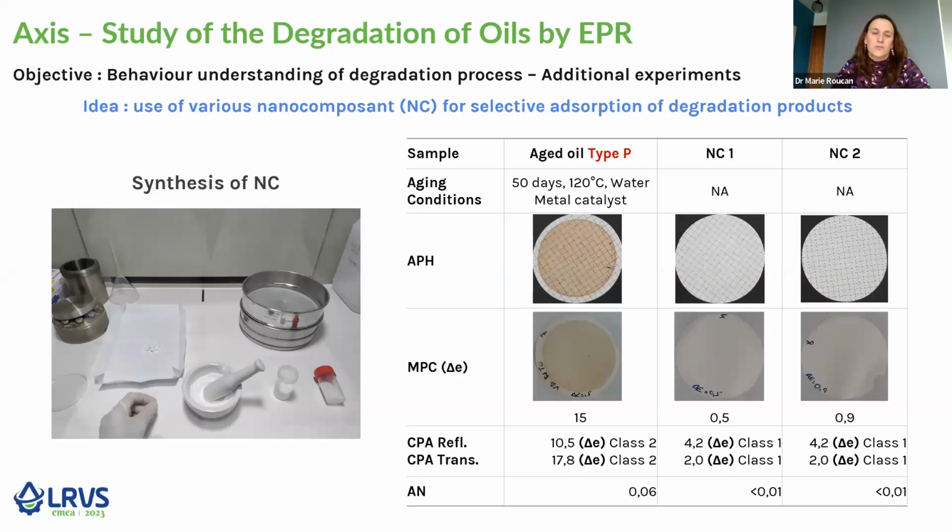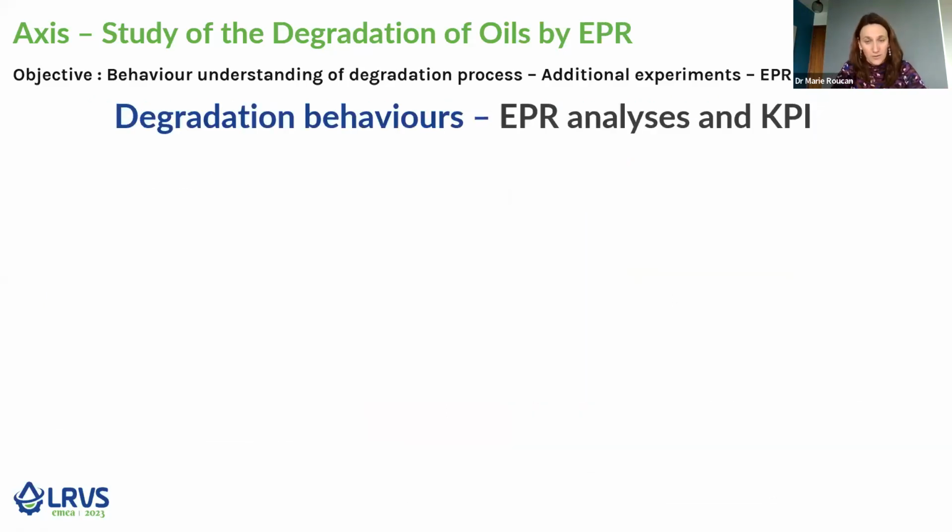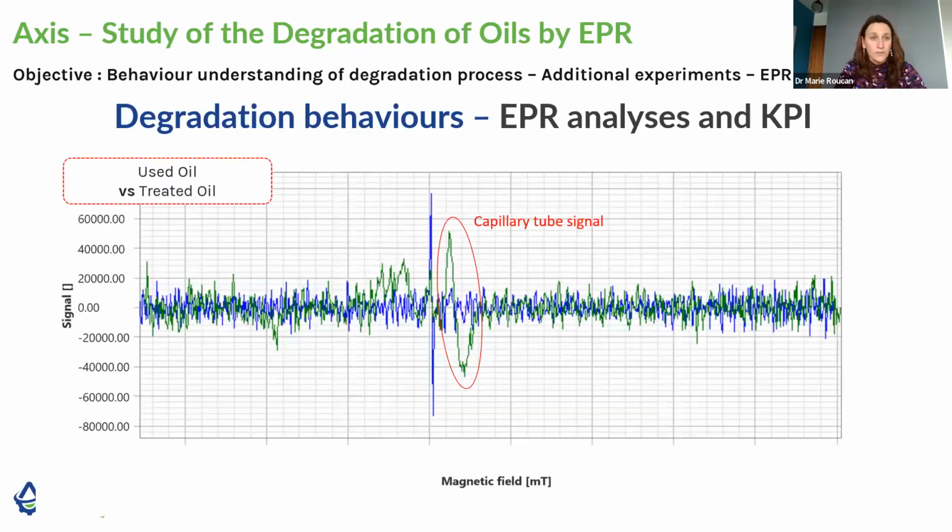differentiate certain species. So what we did after that, we did some EPR studies. And as I told you, you could do EPR on either the oil, but also on the solid. So what we did first is we did EPR on the used oil and on the treated oil, and we compared them. Here the blue one is the used oil, and the green one is the treated oil.